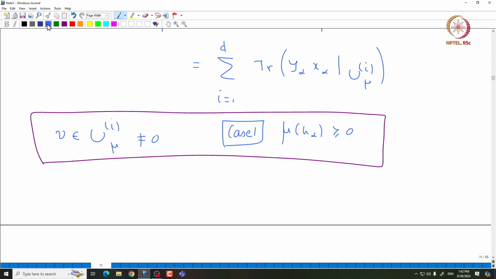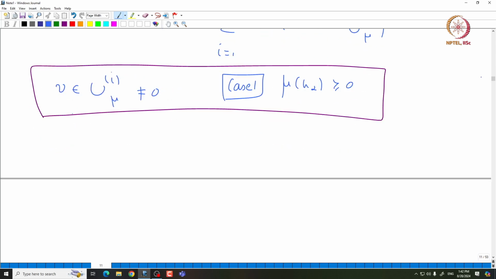For that purpose we will switch, because this V is inside some weight space mu. In particular the SL2 alpha weight, or H alpha weight, is mu of H alpha.